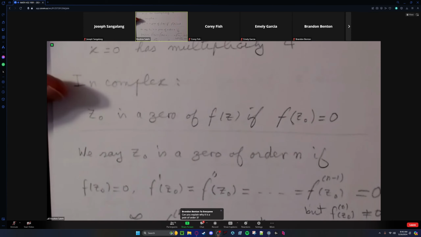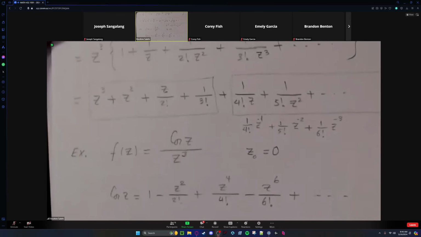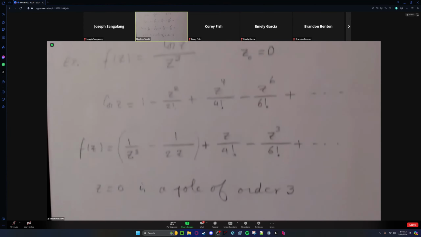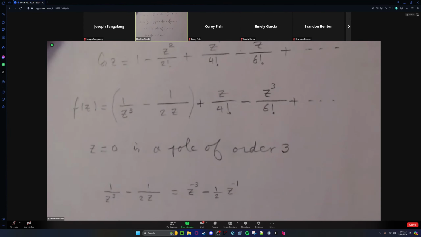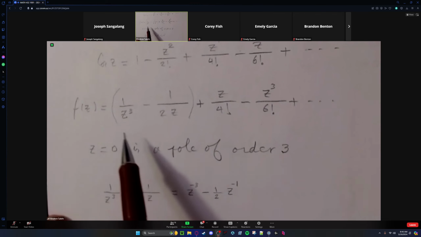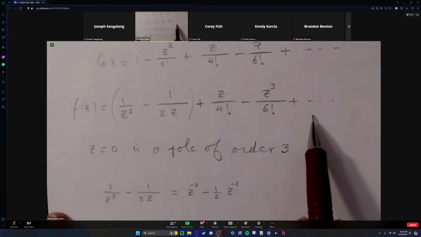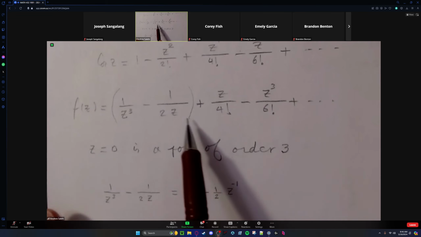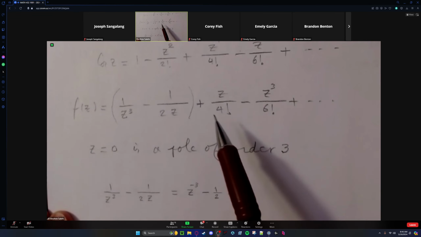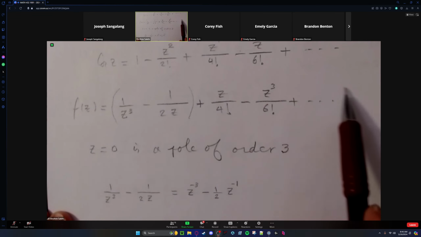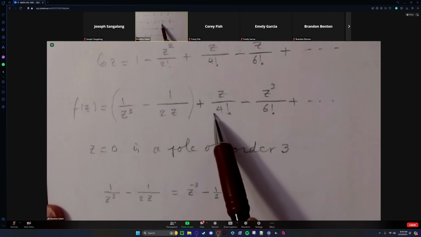Brandon is asking why it is a pole of order 3, because after you write the Laurent series, this is what you get. Now, in this expansion, this is the analytic part that we are fine with.